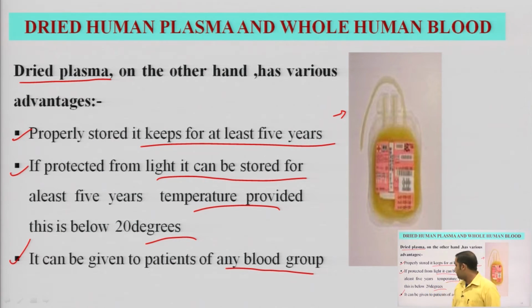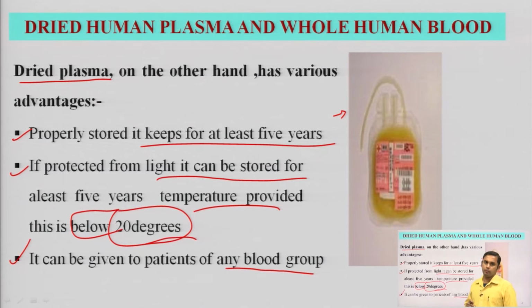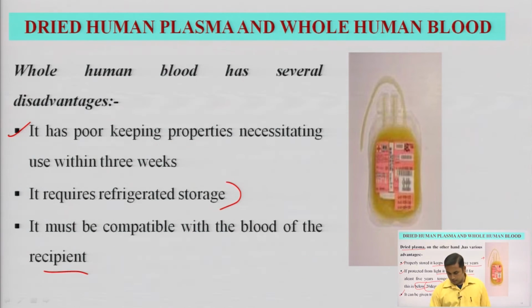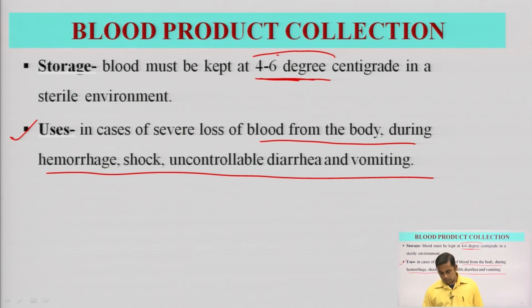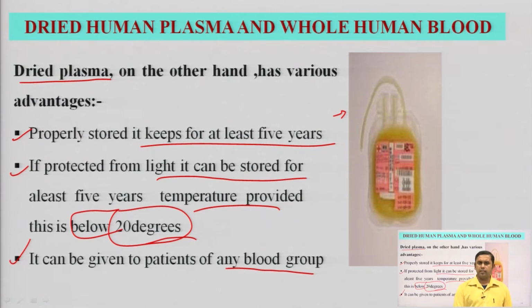Okay. So, here you can see 20 degrees, below 20 degrees. At that temperature you can keep this, but in the case of actual blood, we have to store it at 4 to 6 degrees centigrade. Obviously, in a country like India, or Mediterranean or equatorial countries, it is not easy to get that low temperature.